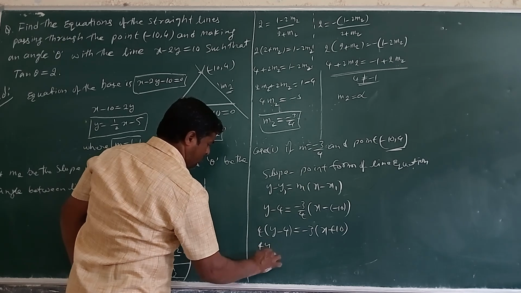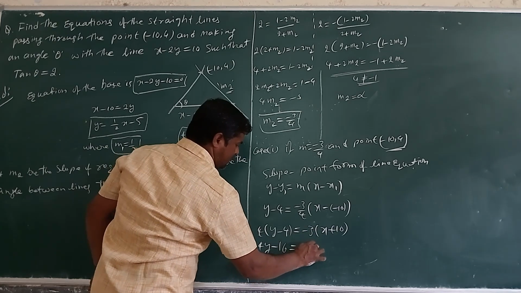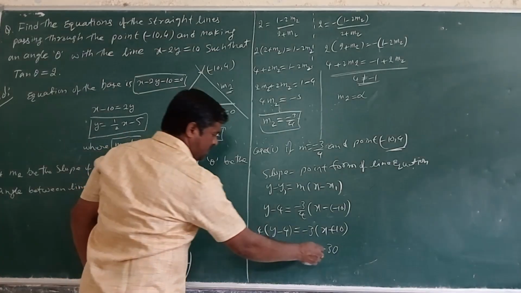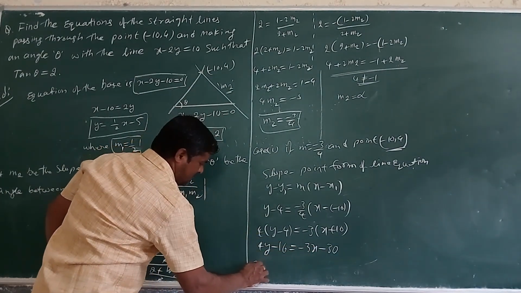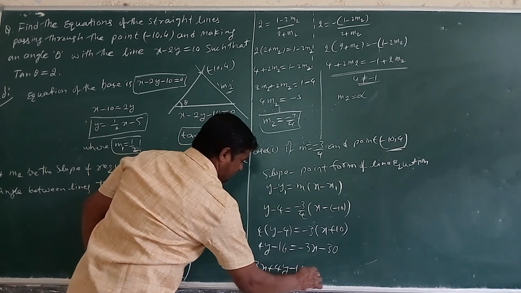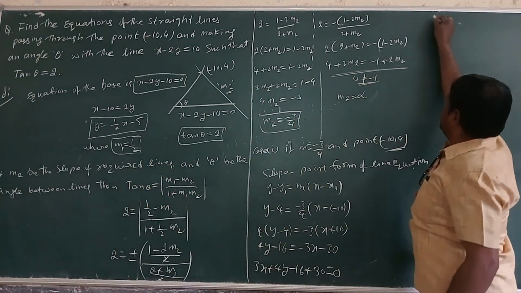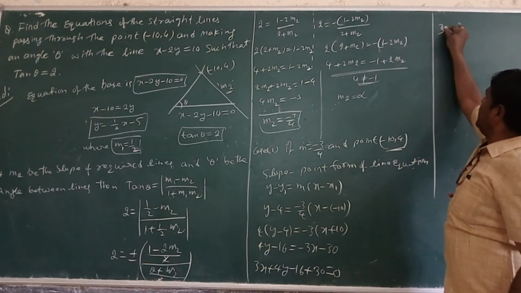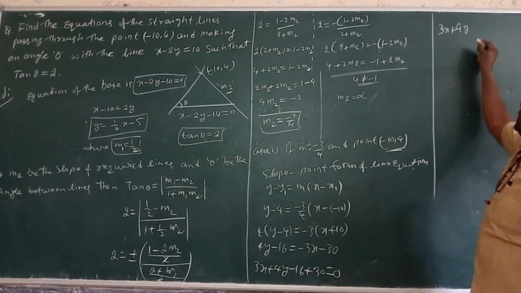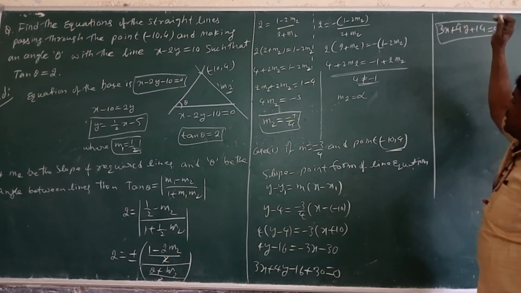So 4y minus 16 equals minus 3x minus 30. Transferring to the left-hand side, 3x plus 4y minus 16 plus 30 equals 0, which is 3x plus 4y plus 14 equals 0. This is one line equation.